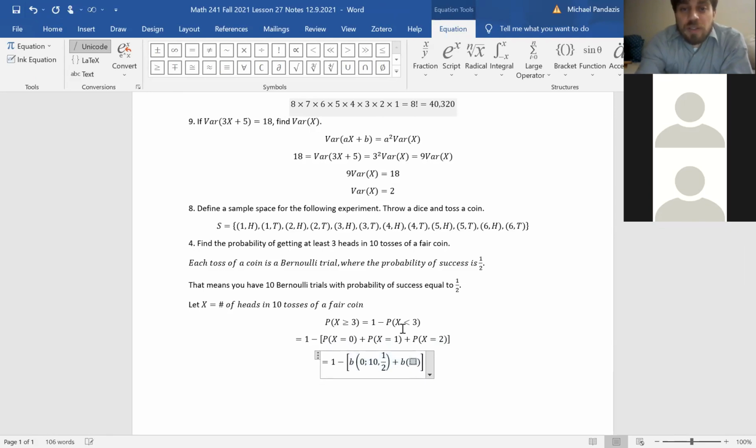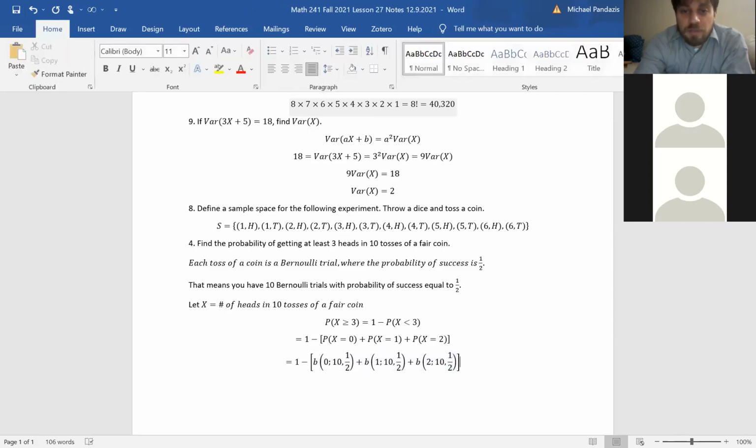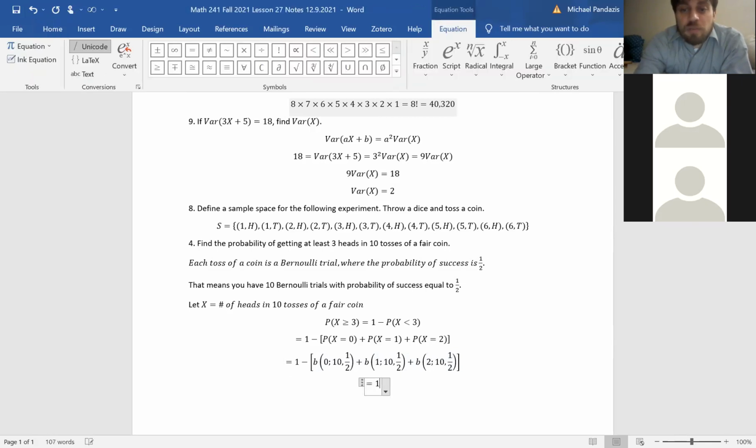That's plus the value of the binomial probability function where you have 1 success in 10 Bernoulli trials where the probability of success is 1/2, plus the value where you have 2 successes in 10 Bernoulli trials where the probability of success in each Bernoulli trial is 1/2. So you just say 1 minus the sum of the values of the binomial probability density function for those values.